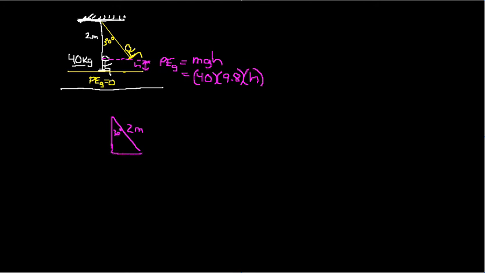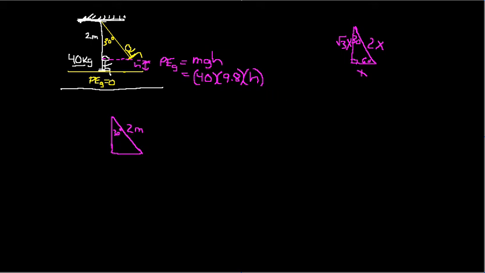Now if we draw the triangle, that's a 30, 60, 90, which everyone should remember for physics anyway. If this is 60, this is 30, this is a right triangle. If this is 1, this is 2, and this is root 3. If this is x, this is twice x, and this is root 3 times x.